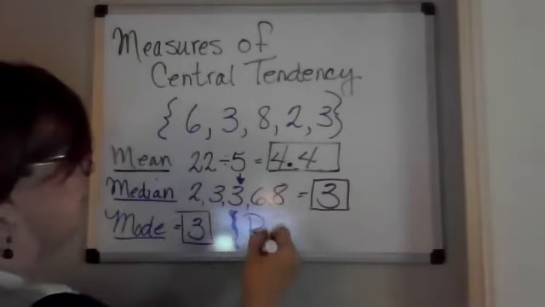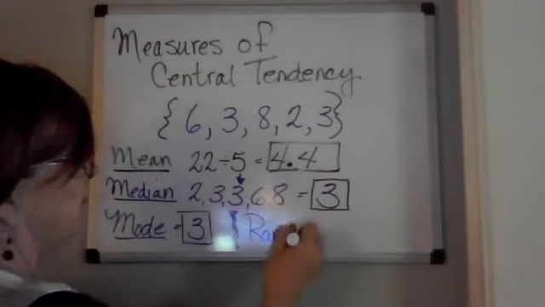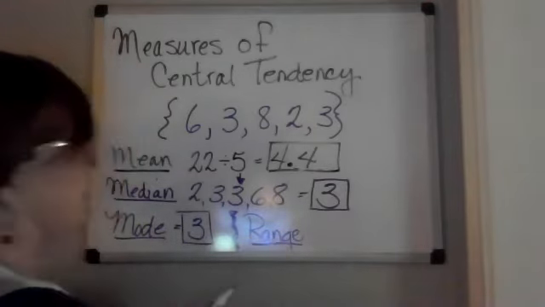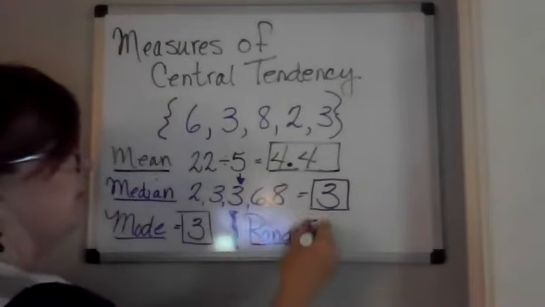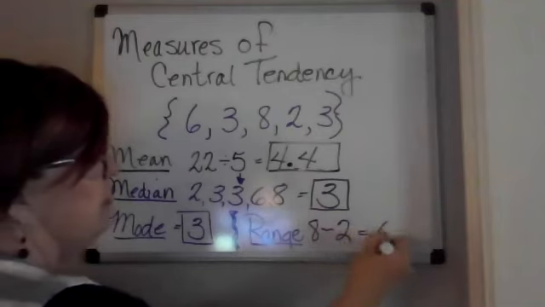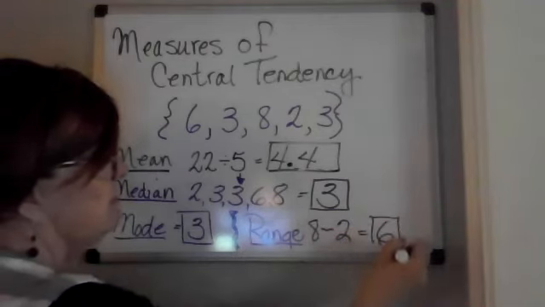And the range, again, since the numbers are in order, is easy. We're going to take the largest number and subtract the smallest number. So our range is going to be 6.